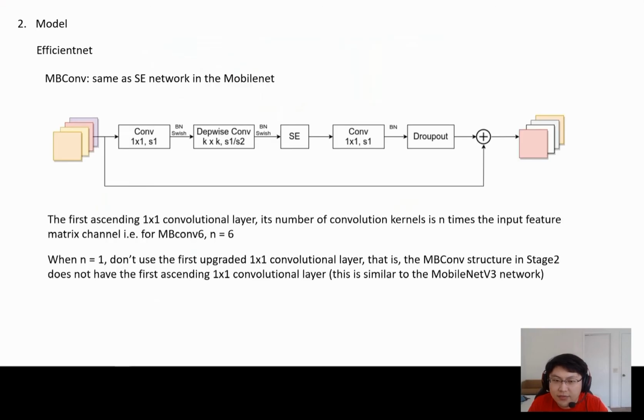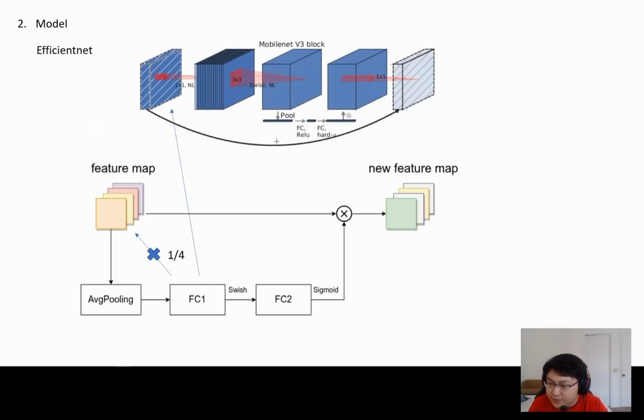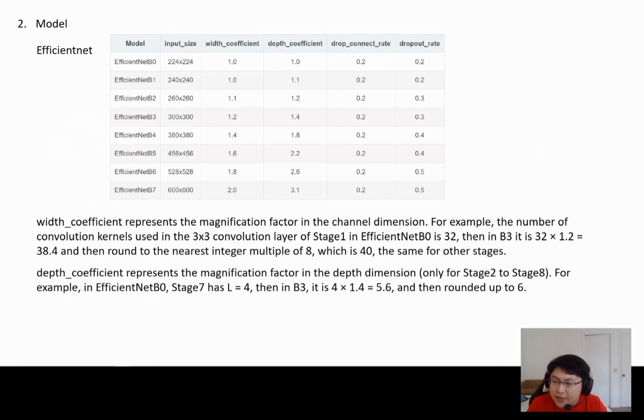We can see from here. Then in B3, it is 4 times 1.4, which is equal to 5.6, and then round up to 6. Same for other stages.